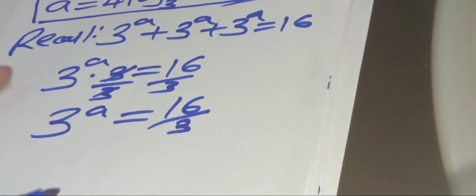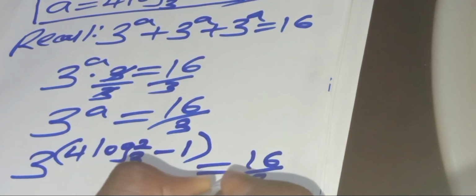Okay, so let's substitute the value of a, so that we'll have 3 to the power 4 log 2 to base 3, subtract 1. And this should give us a value of 16 divided by 3.